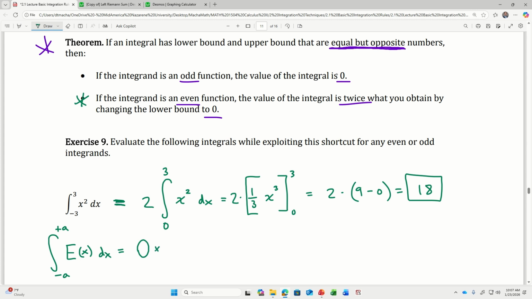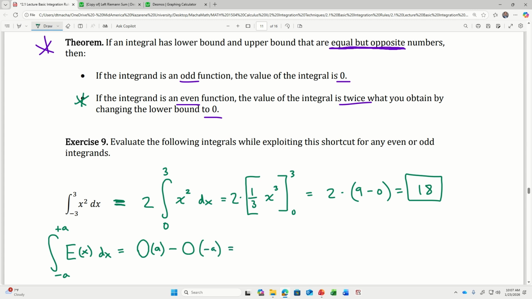And we can set c equal to 0 because it doesn't matter what the c is, right? So I can change the even function to an odd function by taking its antiderivative. And so I'm going to take the antiderivative, plug in the upper bound, and then subtract what I get when I take the antiderivative and plug in the lower bound.